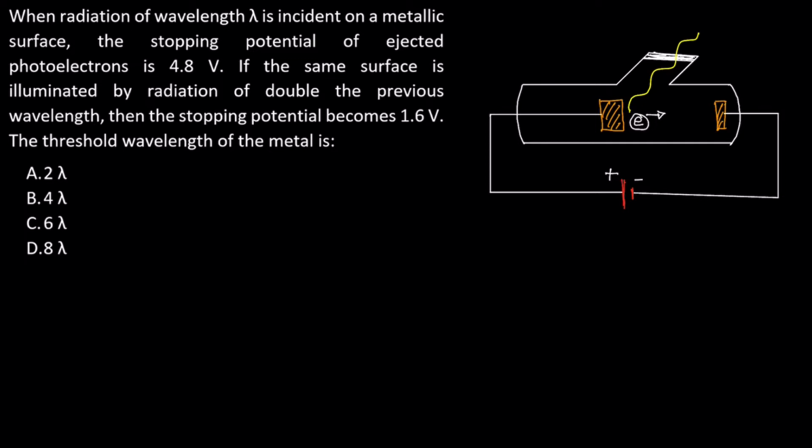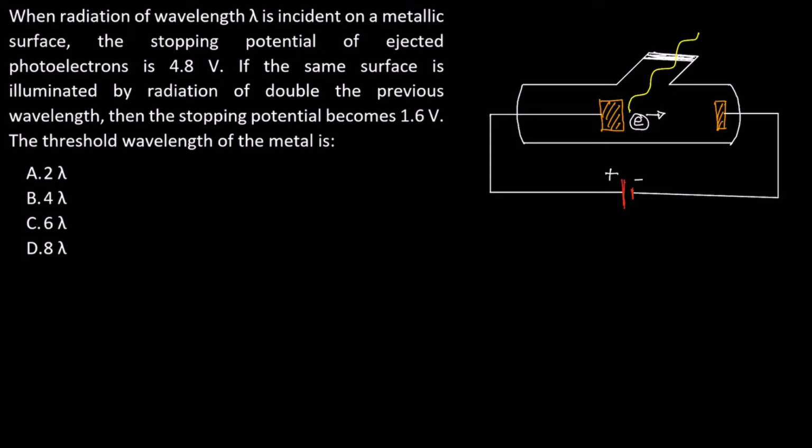So if you look at the battery, the negative terminal of the battery is connected to the opposite plate. So what would happen when you do this? This plate has negative potential and the plate which is hit by the photons has positive potential. So the electric field goes from left to right. And we know electrons cannot move in the direction of the electric field. So hence they will lose energy.